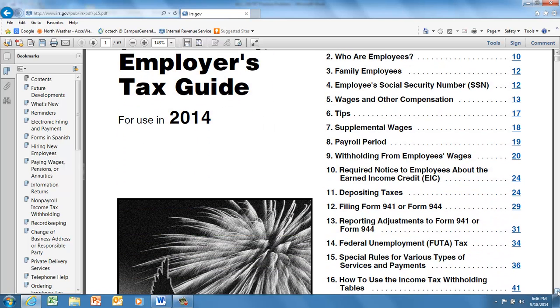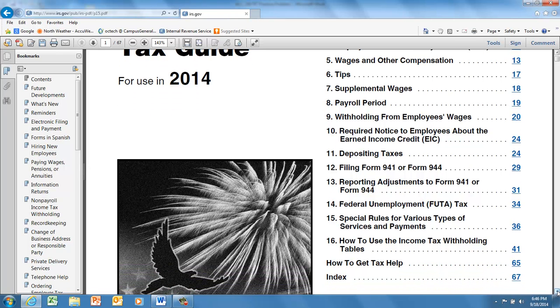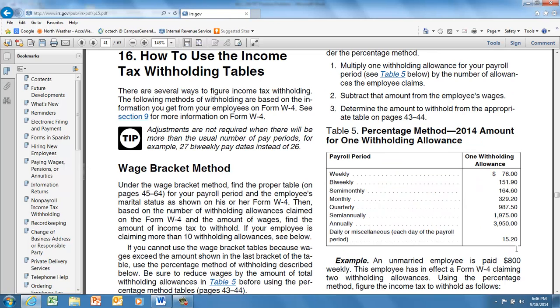If we go down through here, we see all the topics discussed in the Circular E, and then the page number in blue, which provides a link. How to use the income tax withholding tables is where we want to go, so we would click on that page 41.